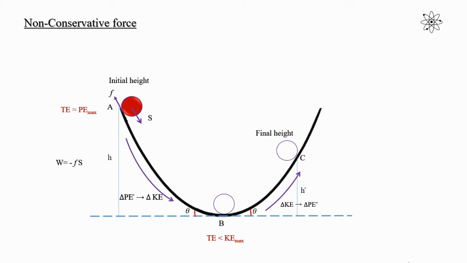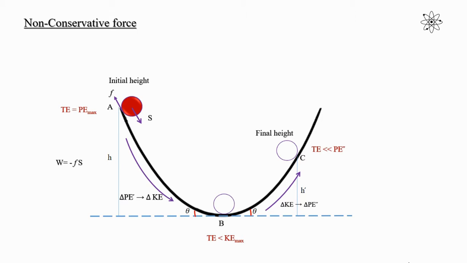So I write it over here, kinetic energy is not completely converted into potential energy, PE double dash. It has happened again because, students, when the ball moves from position B to C, it again has friction. It has to work against the friction, so some part of the kinetic energy is used to overcome the frictional force, and therefore it is not possible for this ball to reach the same height.